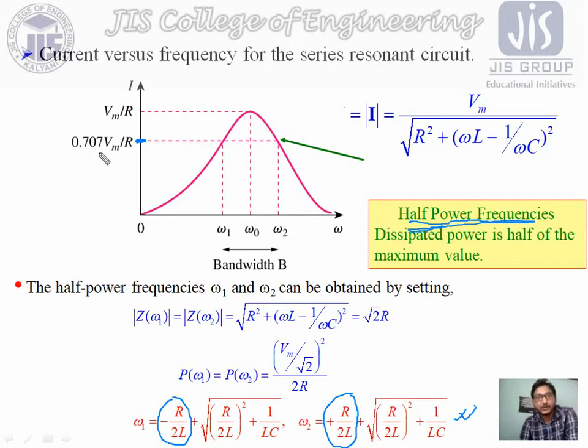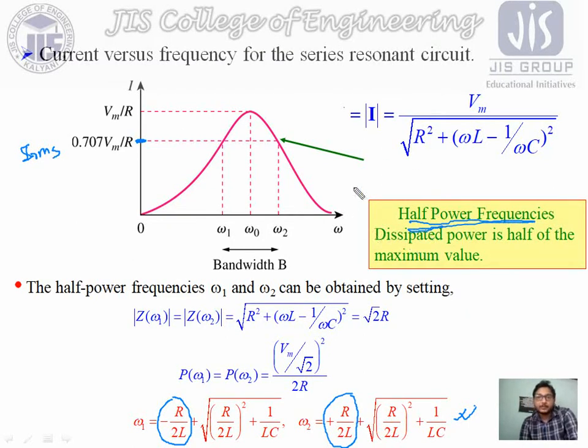Similarly, we can say this current is nothing but the RMS value of the current, that is 0.707, meaning Im divided by root 2.